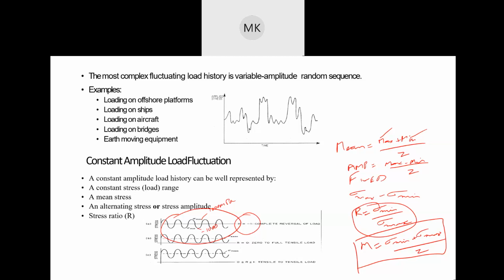Zero to full tensile load is basically every cycle you go to zero. So you load, unload, load, unload, load, unload, load, unload for a long period of time. And that's one kind. The other one is being completely tension load.